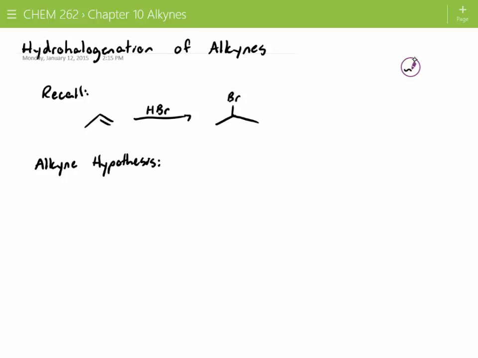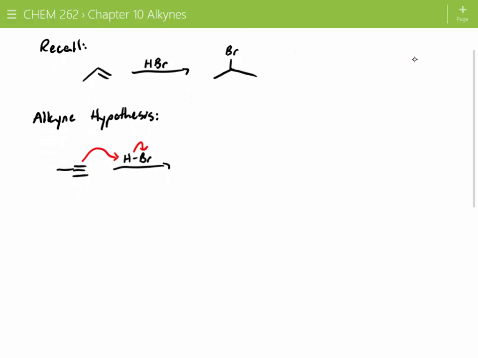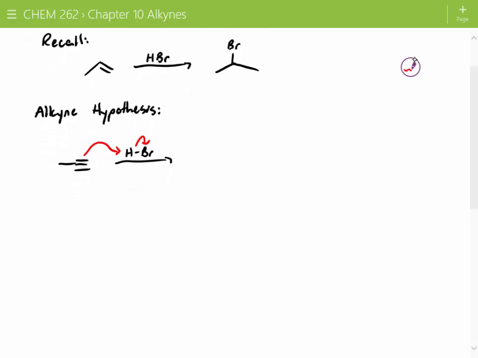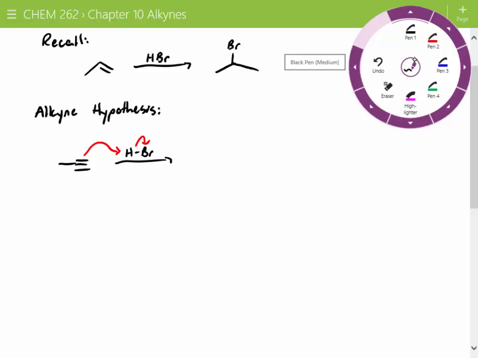We can say, all right, if we've got this alkyne and hydrobromic acid, the first step should be that our alkyne pi bond will attack our proton, kick off our bromide.